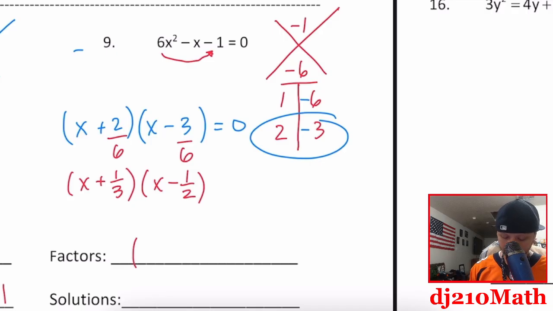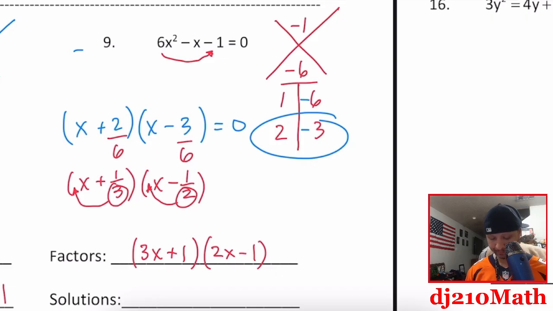The actual factors are 3x plus 1, 2x minus 2. Right? Remember, when it doesn't reduce anymore, these bottom numbers go up. The solutions, x equals -1/3, x equals +1/2.